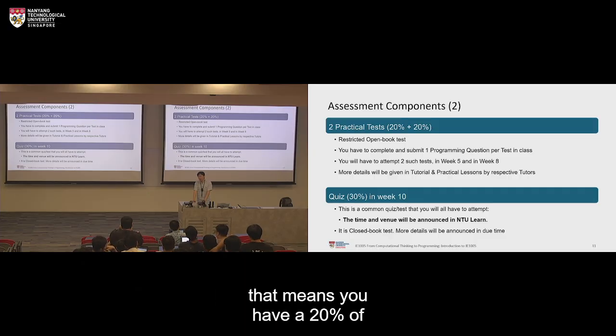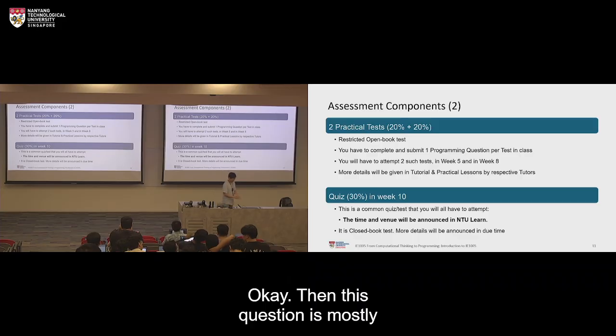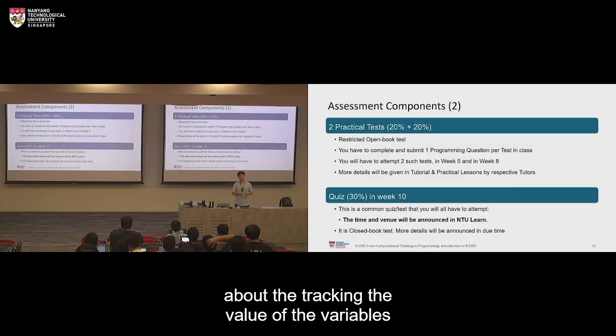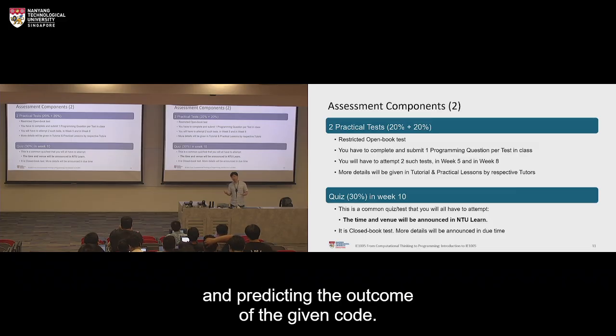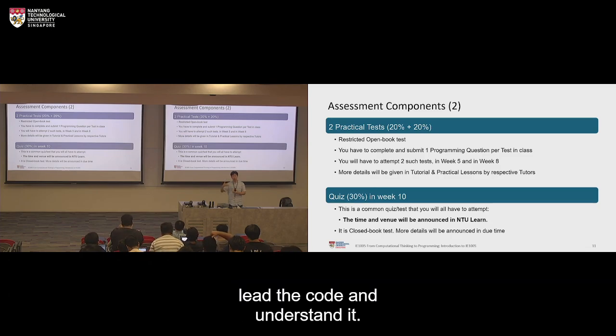That means you have a 20% chance of getting the answer, right? This question is mostly about tracking the value of the variables and predicting the outcome of the given code. So you should be able to read the code and understand it.